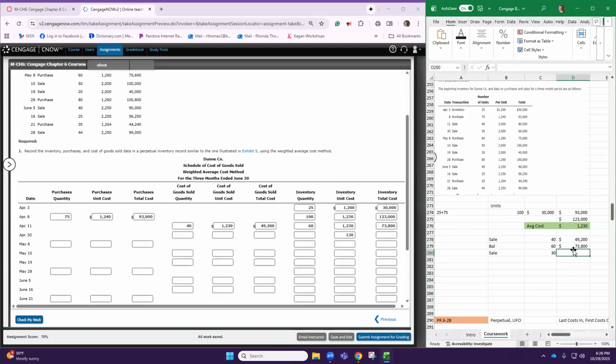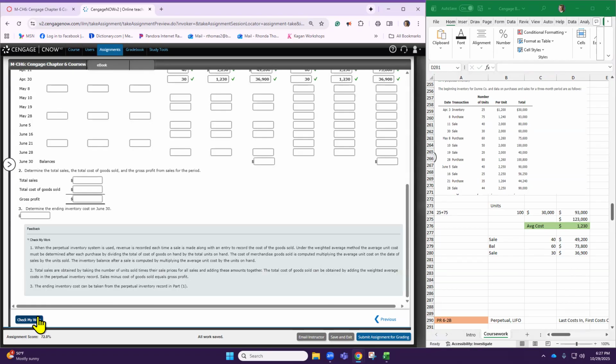Now a sale is 30 units times the average cost, so 36,000. So 30 units times 1230. You can just use a calculator if you want. That leaves us with 30 units at 1230, which leaves us with 36,900.